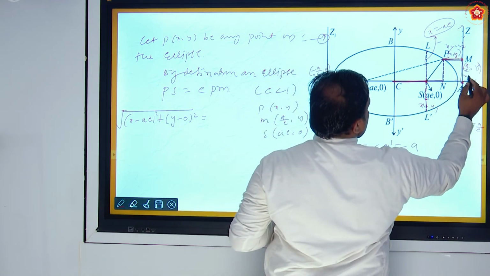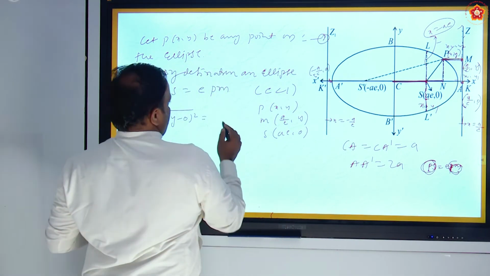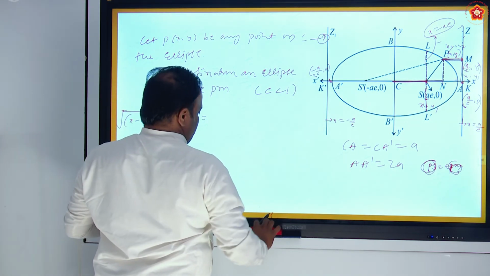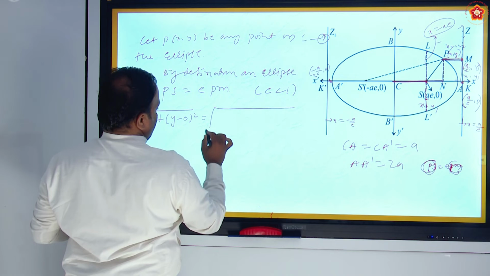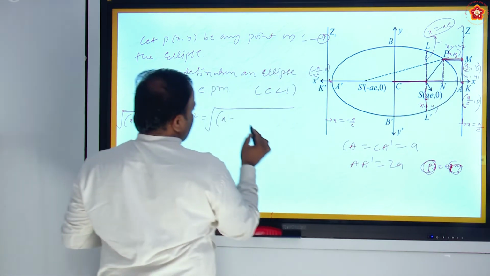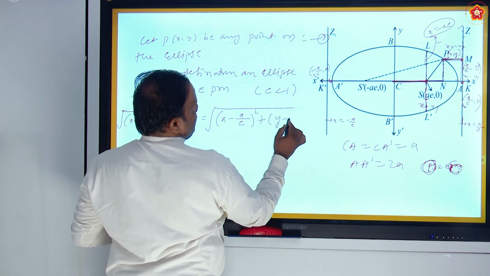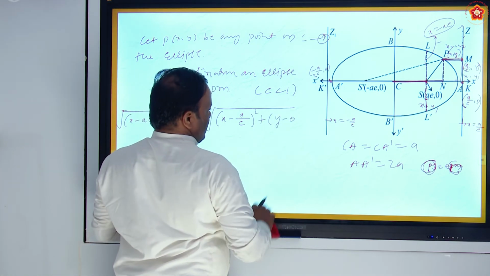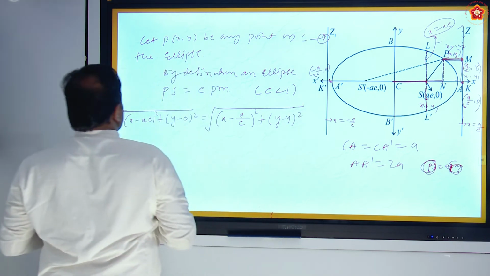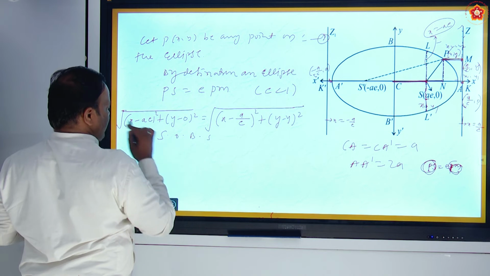Similarly, PM is root of (x minus a by e) whole square plus (y minus y) whole square. What happens here? Squaring on both sides and simplifying.